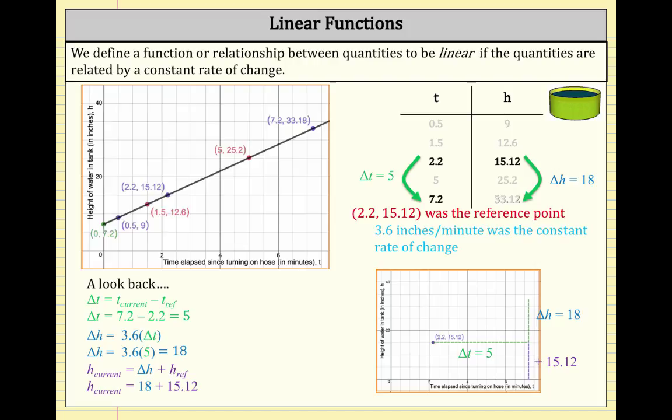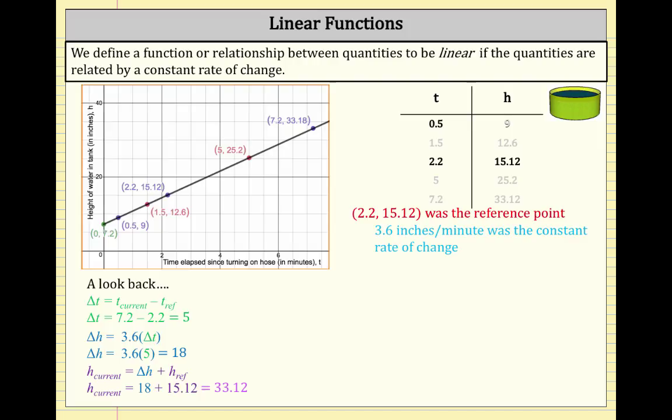And then we're going to go another 18 to figure out that the current height is going to be 33.12 inches. So looking at that visually, we have 33.12, and that corresponded then to a point of (7.2, 33.12). So that's a little bit of how we use the constant rate of change to find the height associated with the time of 7.2 minutes.